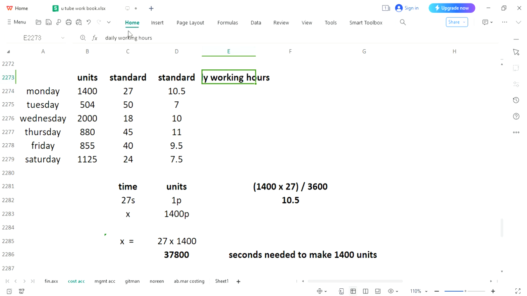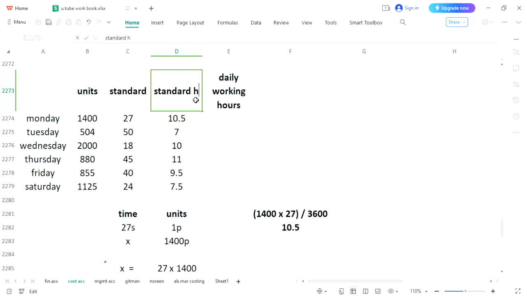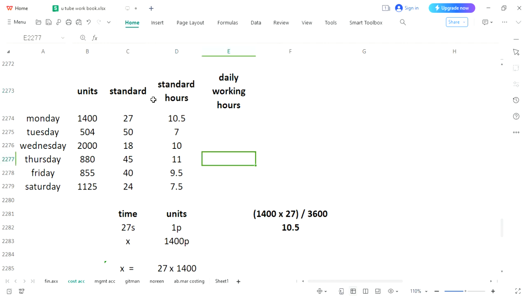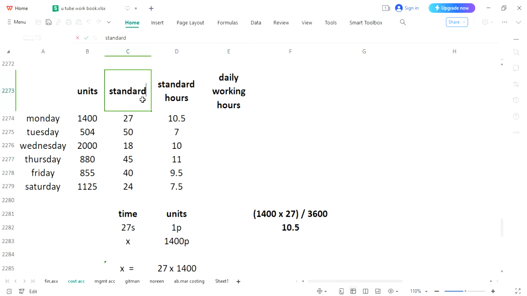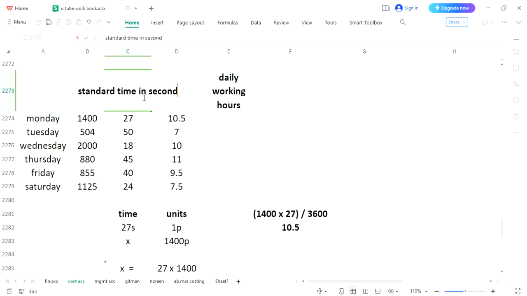Let's take it. And so daily working hours over here, and it is standard hours. Let's tap it again. Alright. Standard, it was also a standard time in seconds.